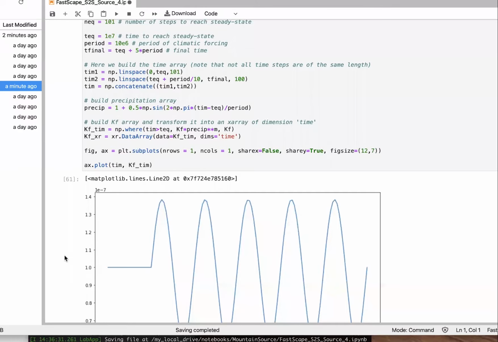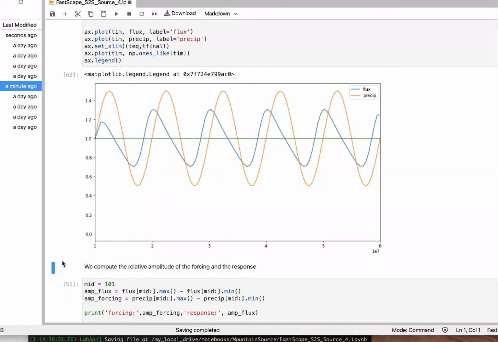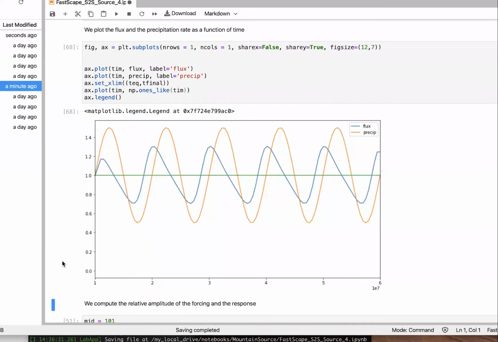Things are getting really strange now, okay? What has happened? They've gone out of phase. It's getting out of phase, that's the first thing.